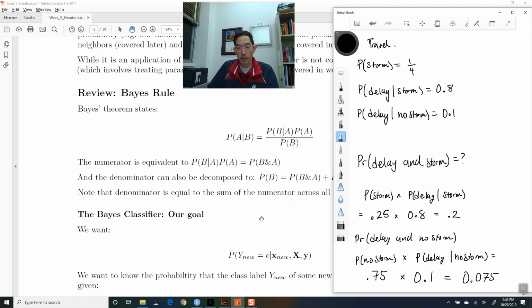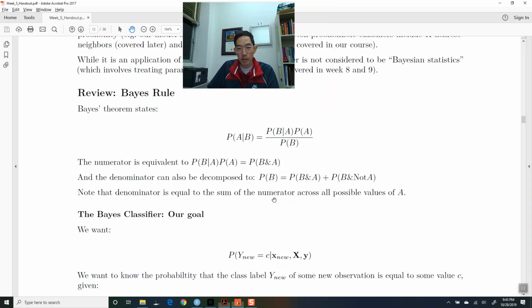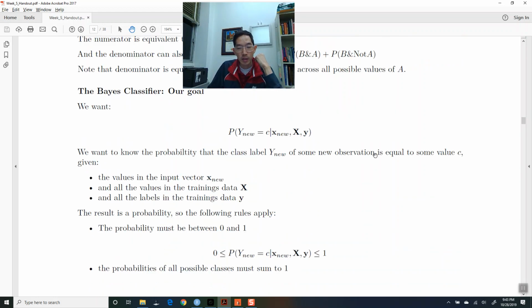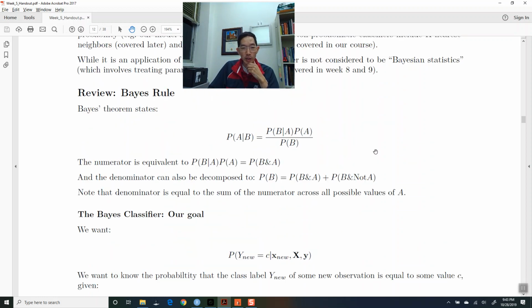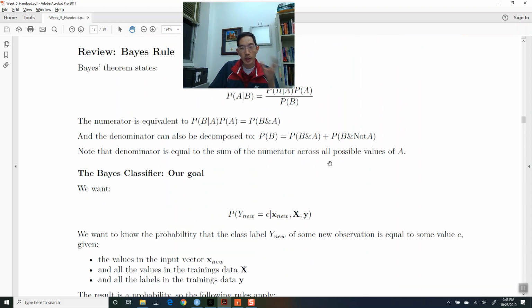Another way to think of this is that the denominator, probability of B, where we break it up into B and A and B and not A and everything else, is basically the numerator, which is equal to the and probabilities across all possible values of A. So one thing to keep in mind is that the denominator is going to be equal to the numerator summed up across all possible values of A.